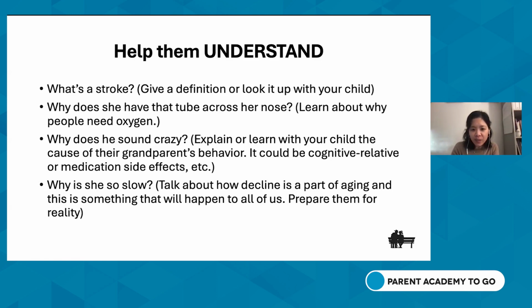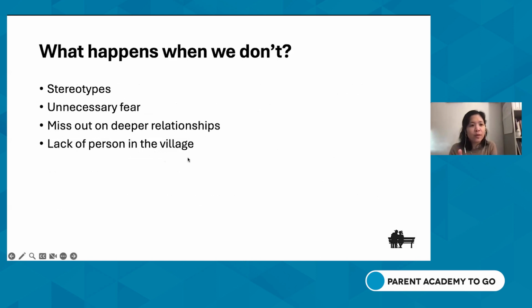I think nowadays too, I've had parents ask me and say that their child is having a hard time because the grandparent has dementia, or they have early onset Alzheimer's, or they're in the early stages of Alzheimer's. And so a lot of those cognitive issues can be really scary for a child if they don't know what's going on. What happens when you don't help a child understand what's happening?